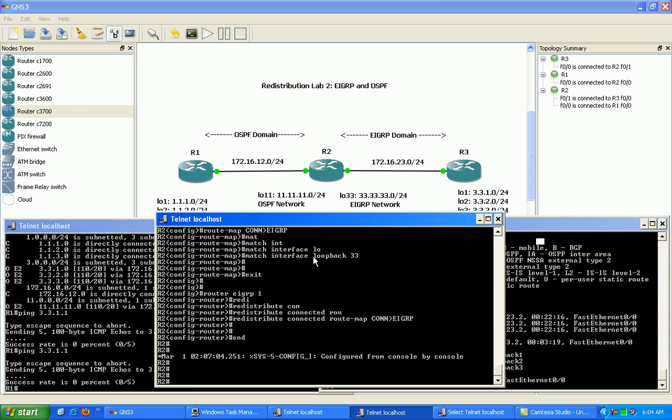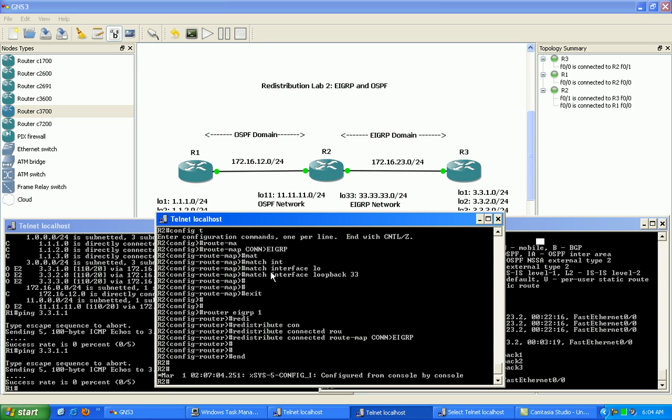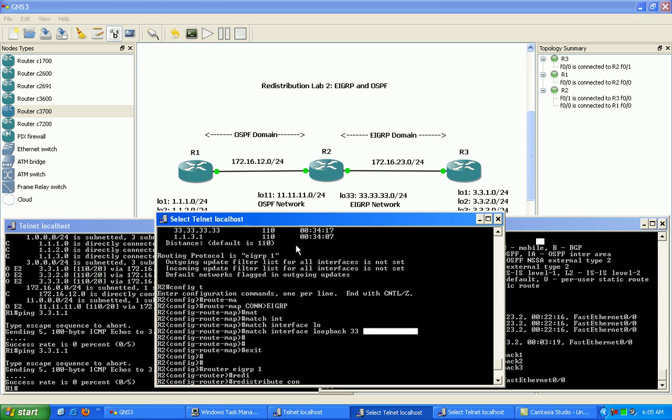Now what you can do here, and what we need to be aware of, is we can go into our route maps now, and we can also match not only our loopbacks, but we can put in our fast Ethernet interfaces in here to match when we're doing our redistribution from our connected interfaces into our protocols.